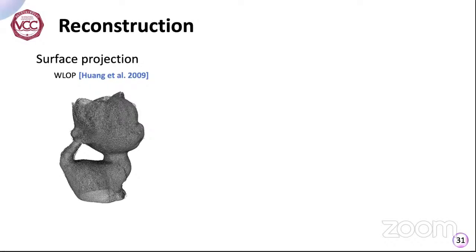So the first one is a surface projection. As illustrated just now, the directly merged point cloud is very noisy and misaligned, as shown here. A straightforward idea would be, okay, we first do the denoising. What I use here is the WLOP, a robust denoising algorithm actually proposed by myself, my first computer graphics work in 2009.